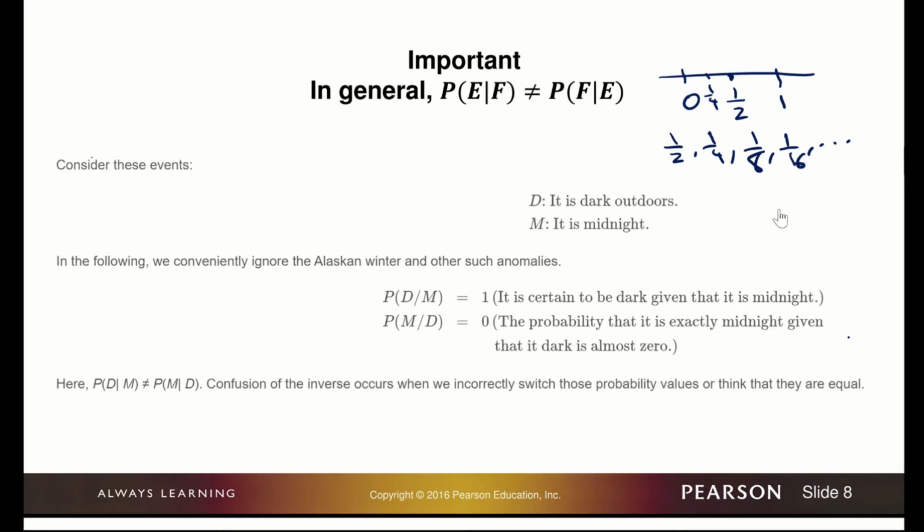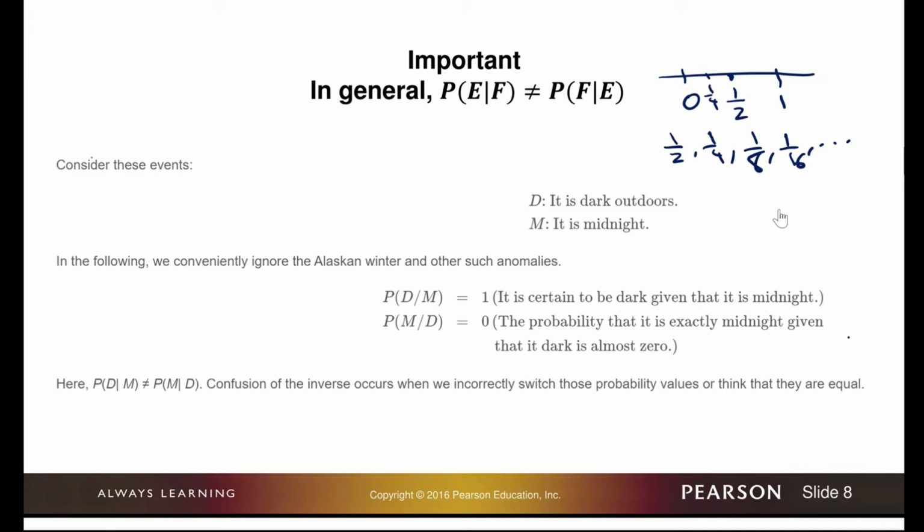In the same way, if you take the time between, say, midnight and 1 a.m., there are infinitely many instances between 12 a.m. and 1 a.m. where you can be doing the observation and it will be dark outside.